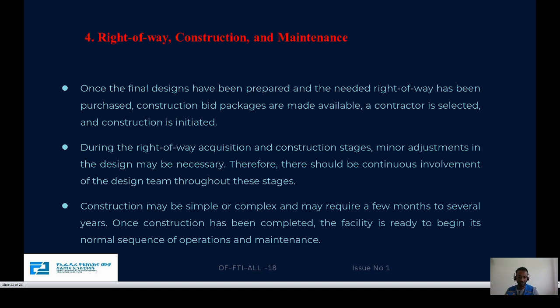Construction, simple or complex, may require a few months to several years, so an additional lane may take 3 months or 2 months depending on the complexity or simplicity of the design.